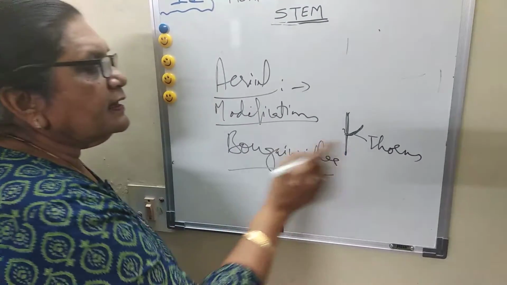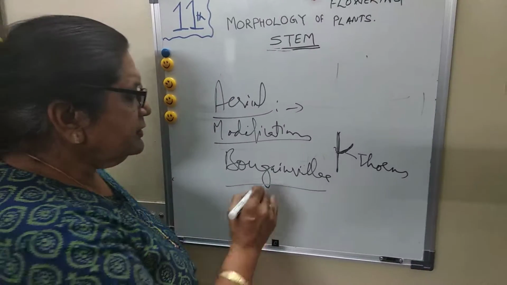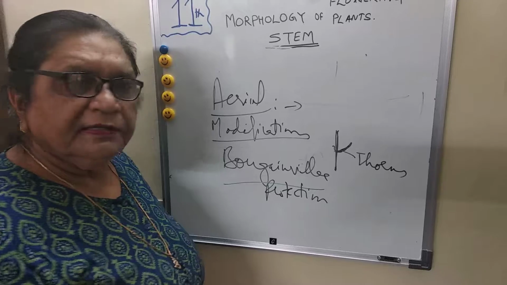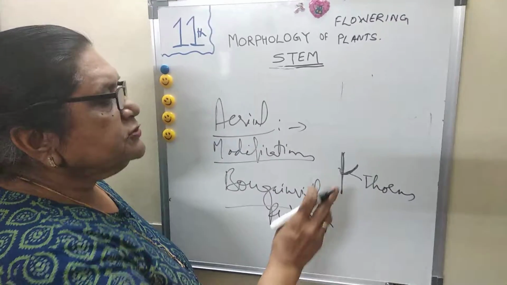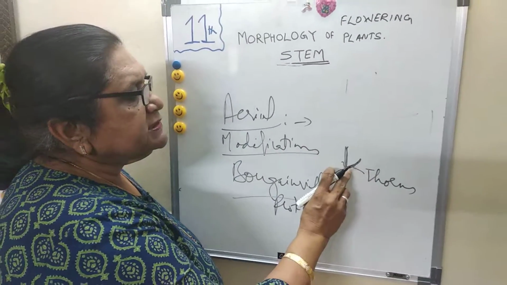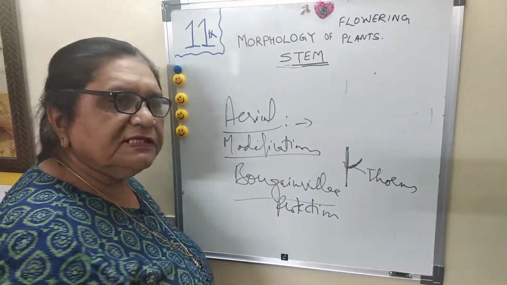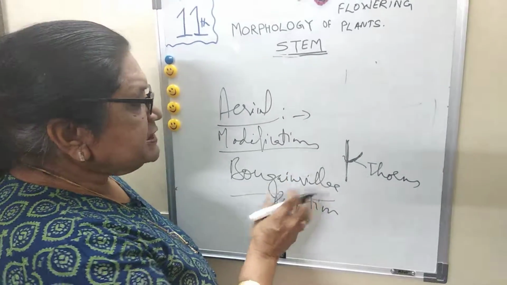In Bougainvillea, thorns are meant for protection, a secondary function. So the growing point or the growth is reduced, and they become thorns. That is the case in Bougainvillea.